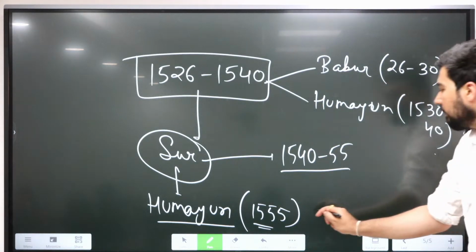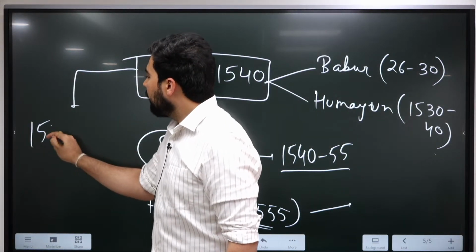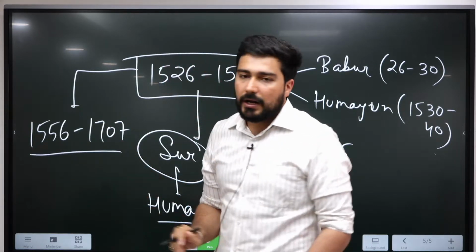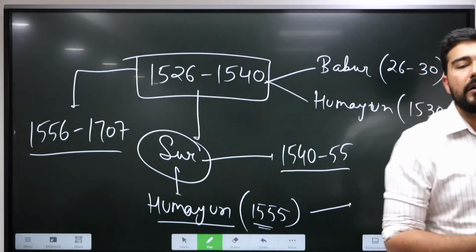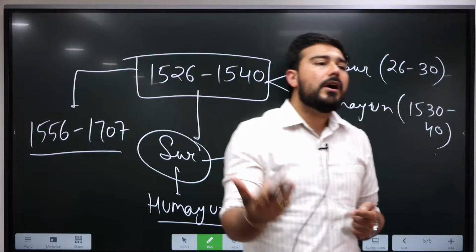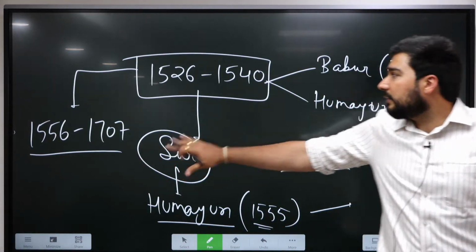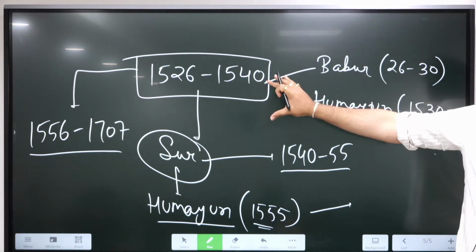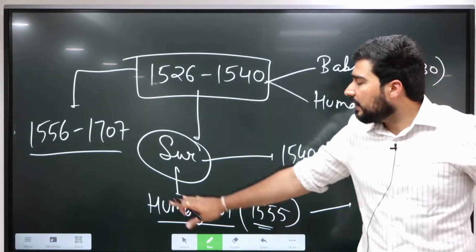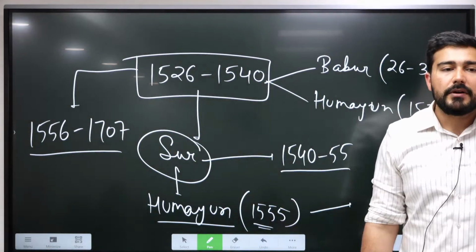Thereafter we see the second phase, from 1556 till 1707, the rise of famous personalities: Akbar, then his son Jahangir, then Shah Jahan, and finally Aurangzeb. This is the most important phase of the Mughals, because before it was a struggling phase. They were fighting time and again for their survival, and once it was stabilized by Akbar, this continued till 1707.